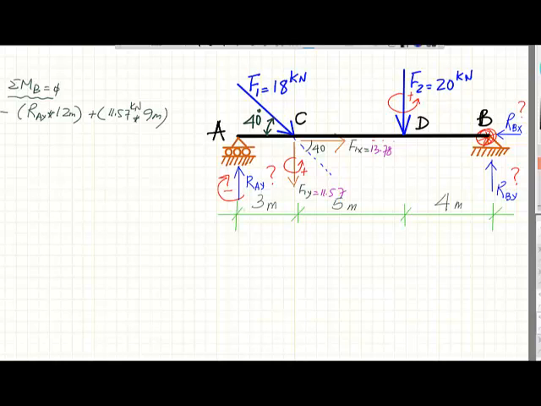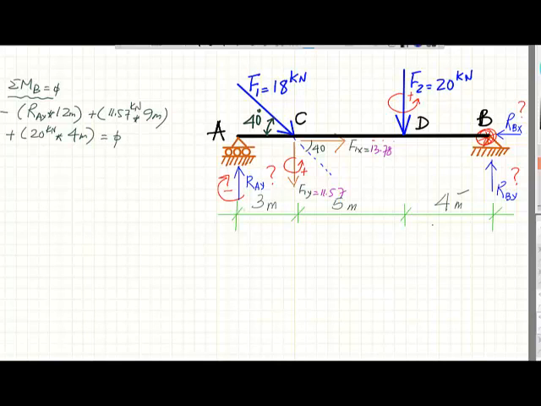Of course, F1x causes no rotation because it passes through point B. We move to F2. The rotation for F2 is positive, plus 20 kilonewton, and the perpendicular distance between F2 and B is 4 meters, is equal to 0.